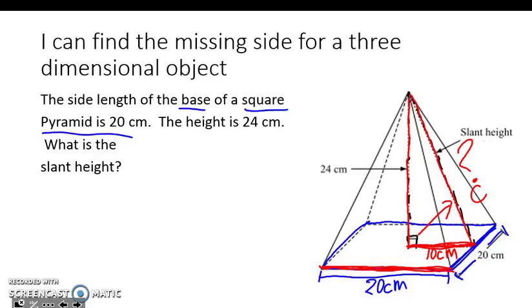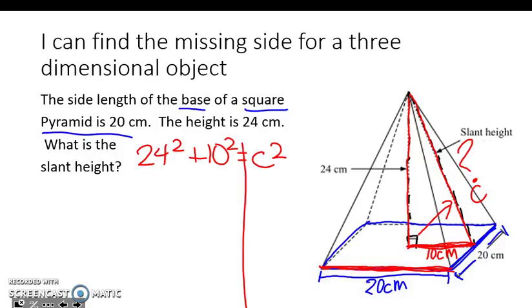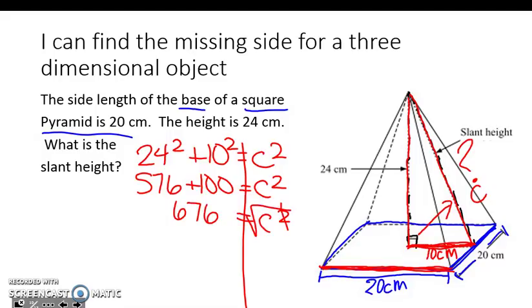So we're going to use the Pythagorean theorem. We're going to plug in 24 squared plus 10 squared is equal to c squared. Okay, go ahead and do the math and solve to find out what c, or the slant height, is. Always round to the nearest tenth as needed.